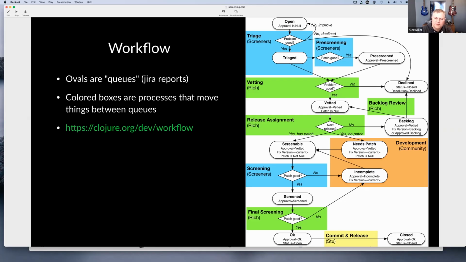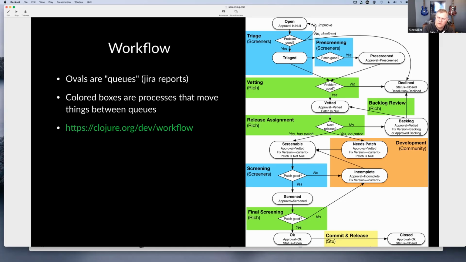Vetting here is stated as a Rich process, but I'd say there's really an opportunity for us to do cleanup on it. And that's where I'm asking for help the most, to do community level vetting before Rich does his vetting.